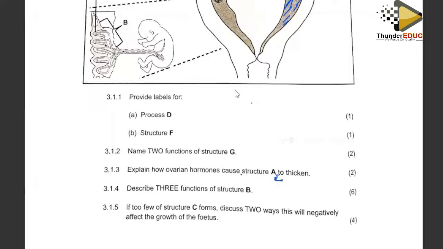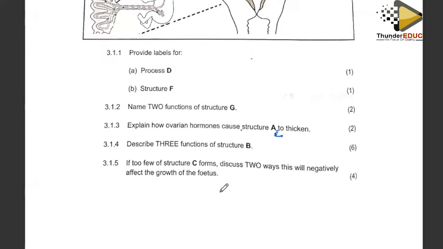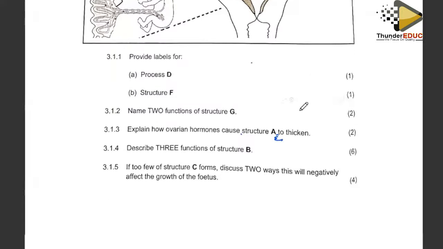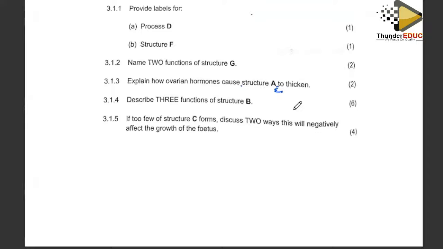Why? So that they're able to prepare the uterus for implantation when the zygote has been formed, or when fertilization has taken place. So that's what they are looking for in this case. You'll check the memo, but that's what they are looking at when I look at the question, the way they have said it.